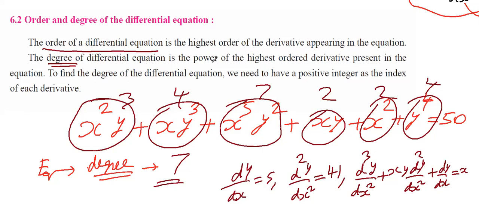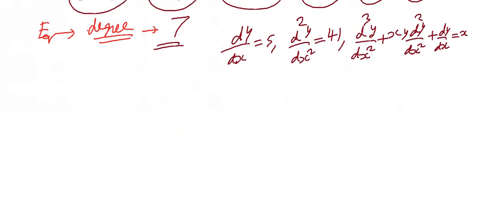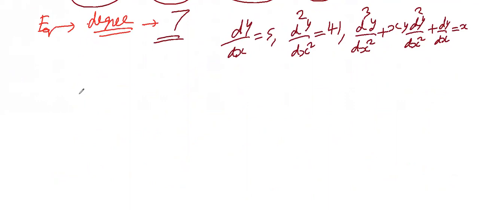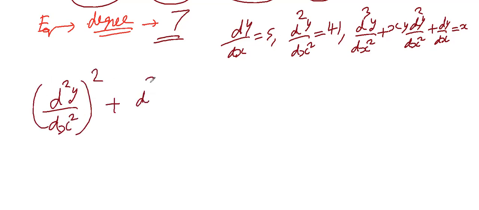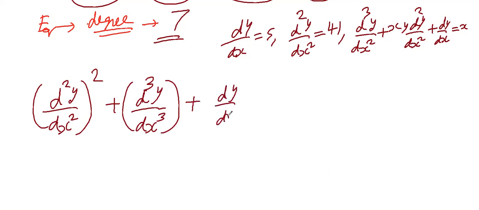Now the degree of the differential equation is the power of the highest order derivative present in the equation. So I can even have a differential equation like this: d2y upon dx square whole to the power of 2 plus d3y by dx cube plus dy by dx plus y plus x is equal to, say, 0.